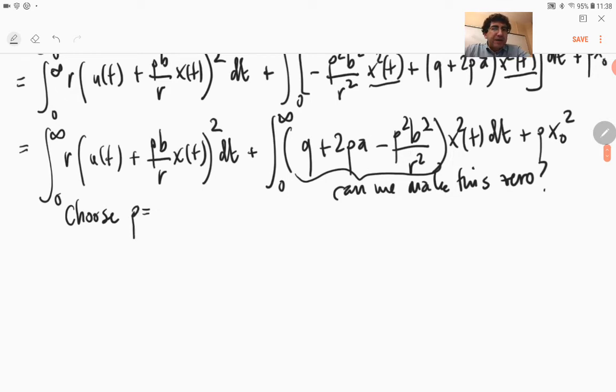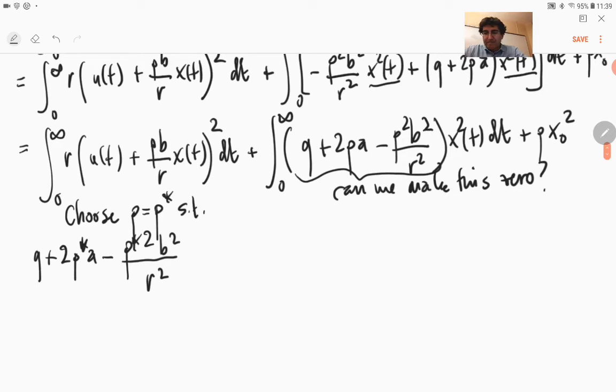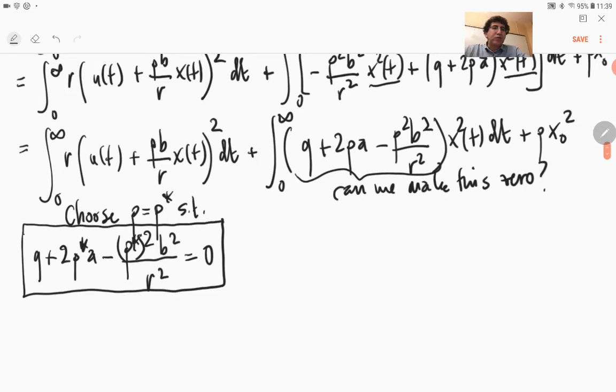So if there is a solution, p equals p star, that is the solution of this equation, q plus 2p star a minus p star square b square over r square, where p star is equal to 0. So we want to find p star in order to make this term equal to 0.